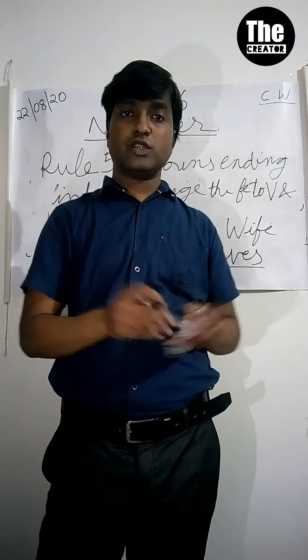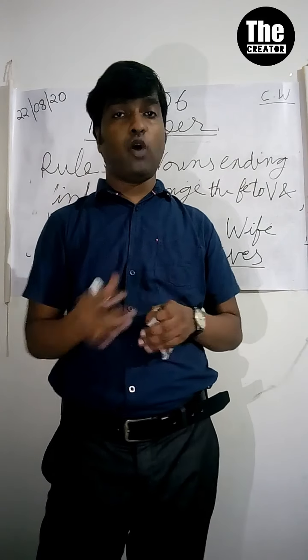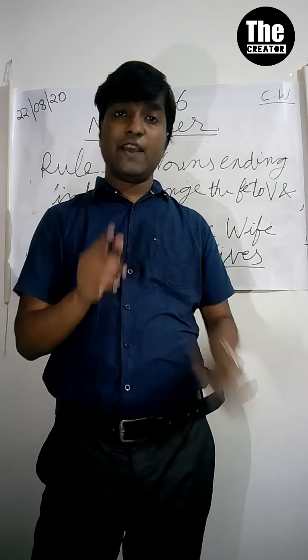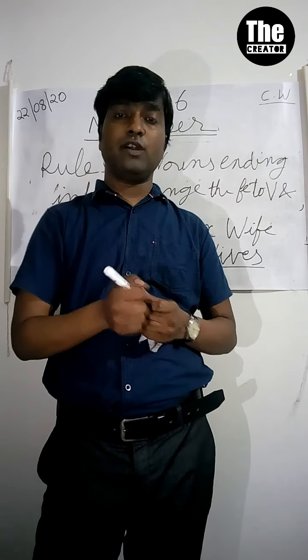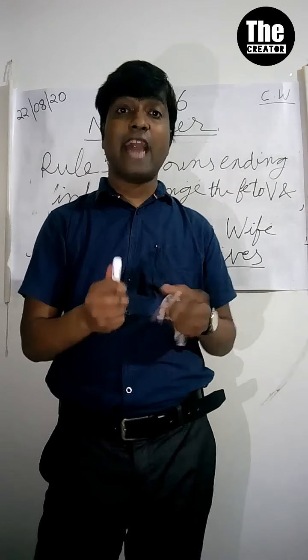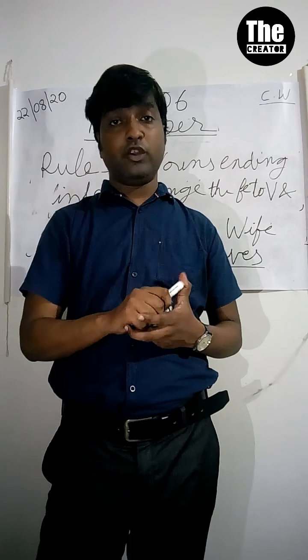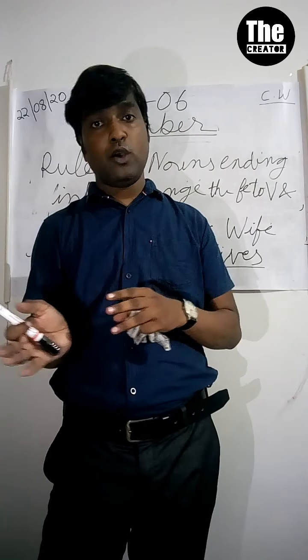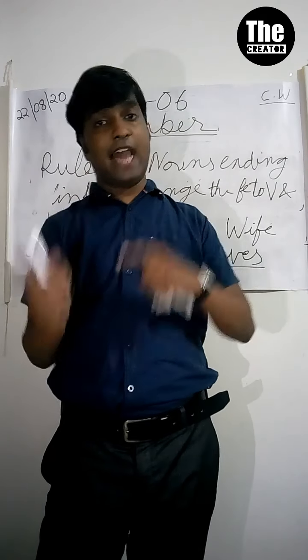Got it? So the singular form is wife, W-I-F-E. The plural form is W-I-V-E-S. Got it? Likewise, one more example. If you take knife, K-N-I-F-E, what you need to do? Remove FE, put VES. Then it would become knives.